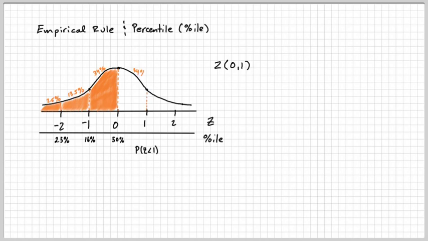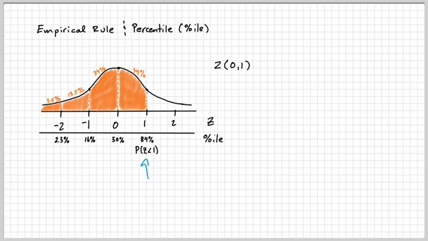And if you keep shading another 34%, then we got 84% altogether. So all this shading piece, all the orange piece that goes all the way to negative infinity is 84%. Again, what does that mean? It means something like, what's the probability that z is less than 1?